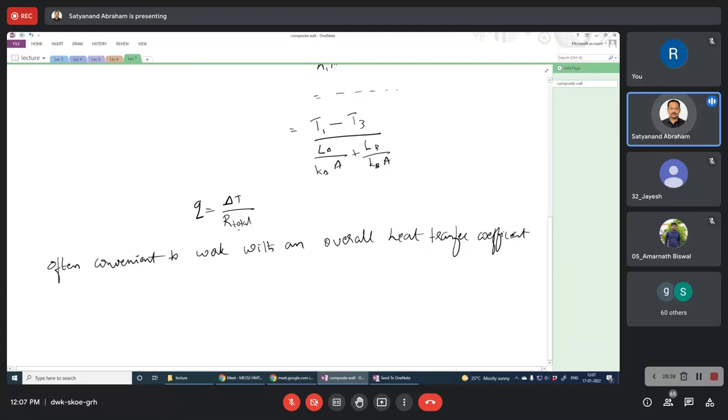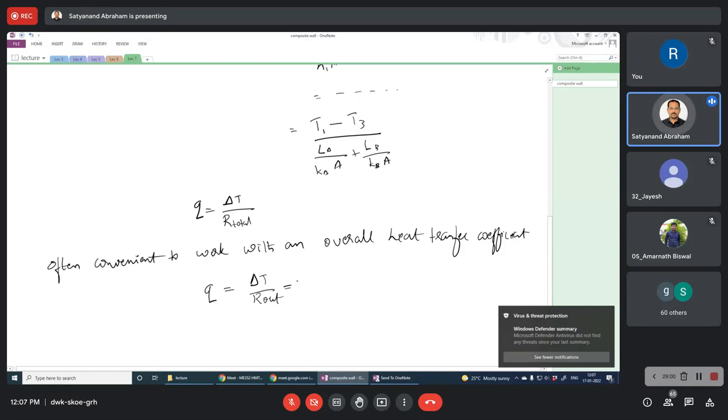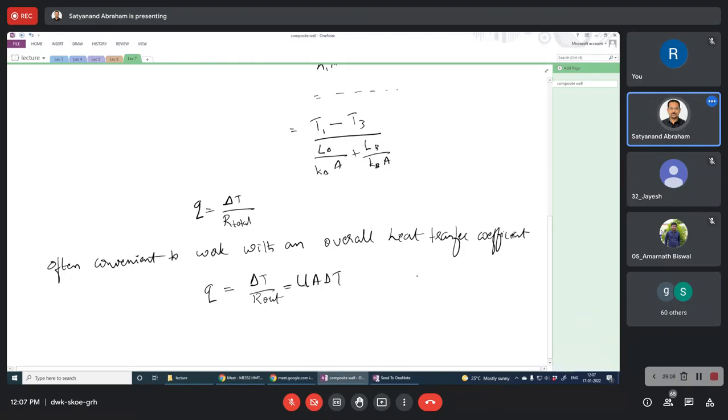What we are trying to analyze is that we are considering all these in another form, an overall heat transfer coefficient. We are going to write Q is equal to delta T by R total, which we assume is equal to UA into delta T, where U is the overall heat transfer coefficient.